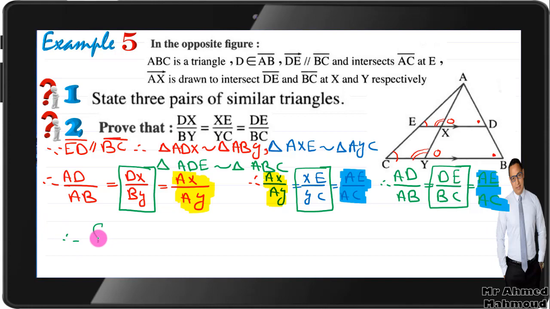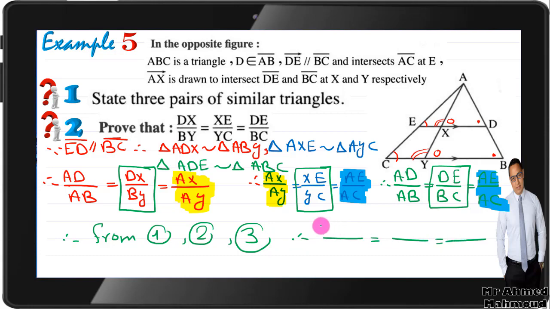Therefore, from 1, 2, and 3, DX over BY equals XE over YC equals DE over BC.